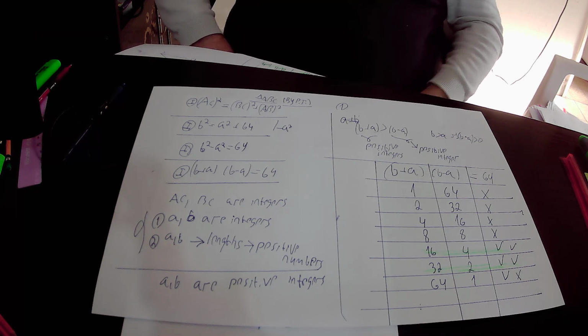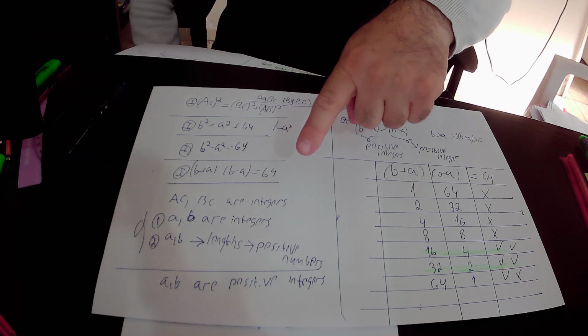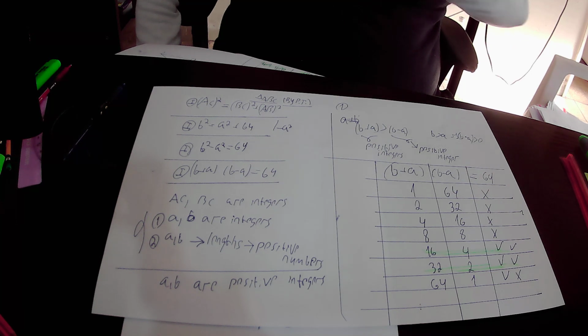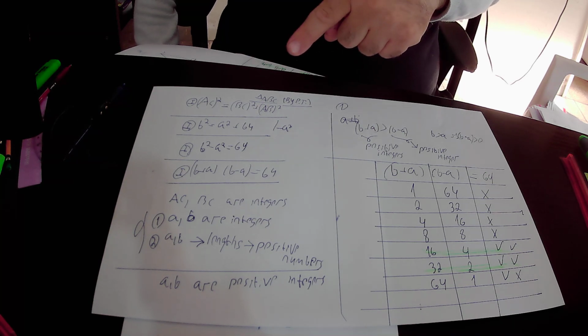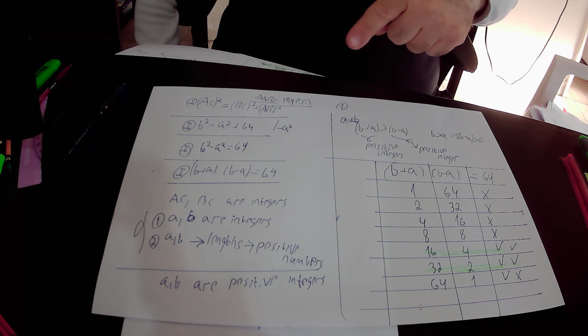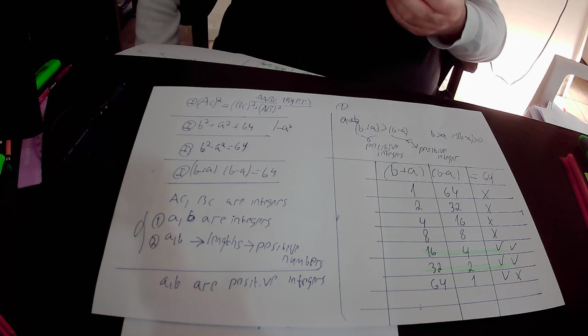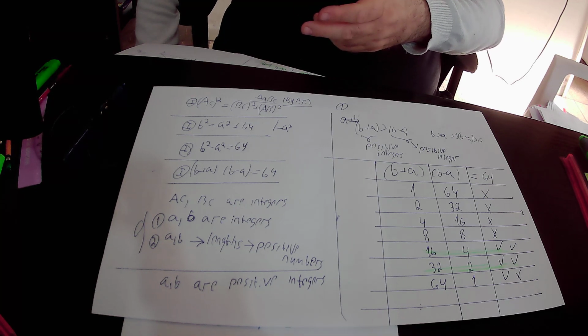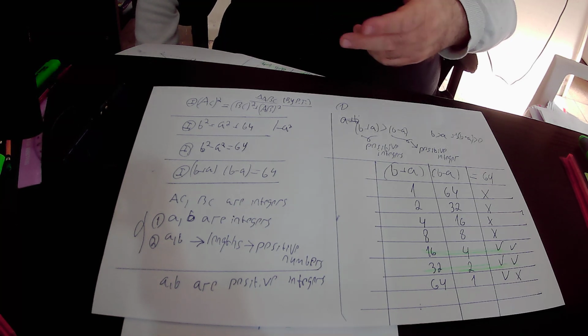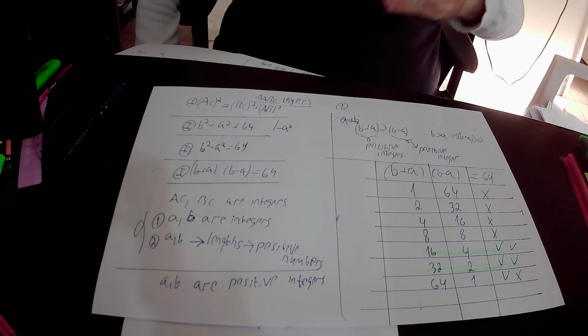So it is given in the question that AC and BC are integers. But according to our definition, AC equals B and BC equals A. Therefore, A and B are integers. And we know that A and B are the lengths of the hypotenuse and the perpendicular of the right triangle ABC, so they are lengths, and must be positive numbers.